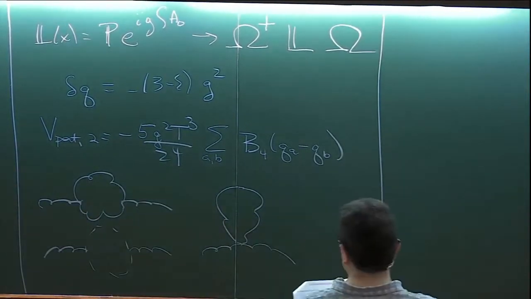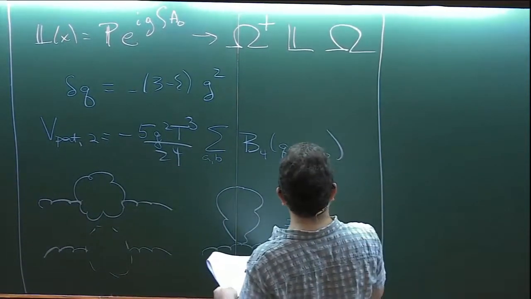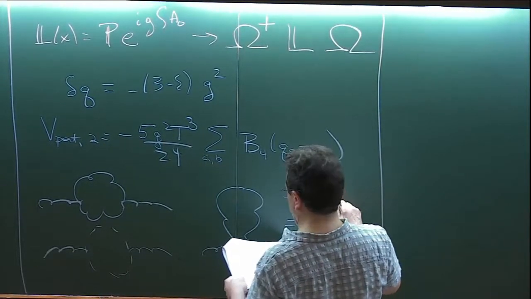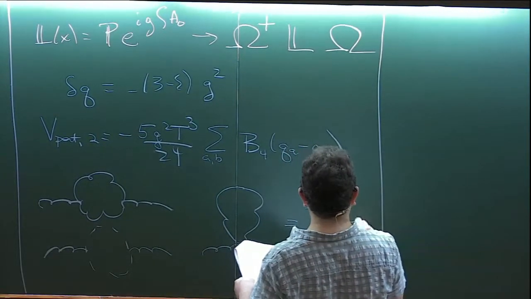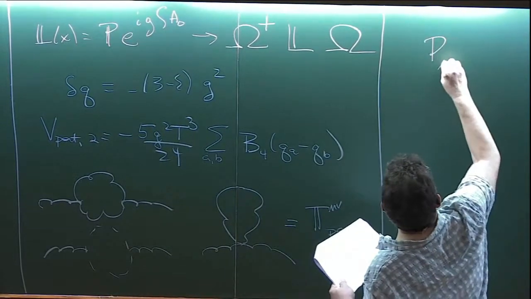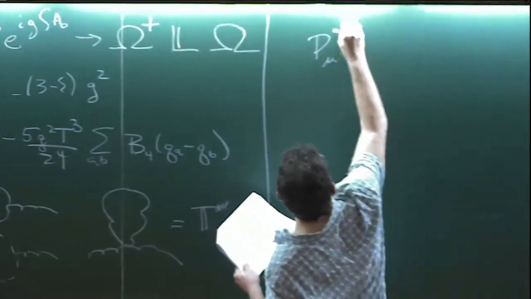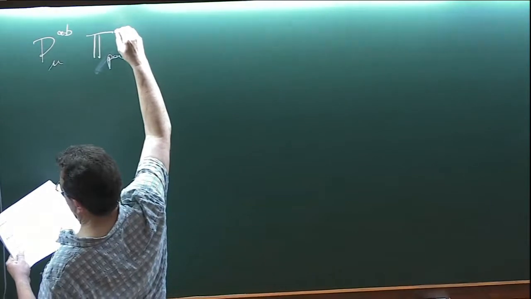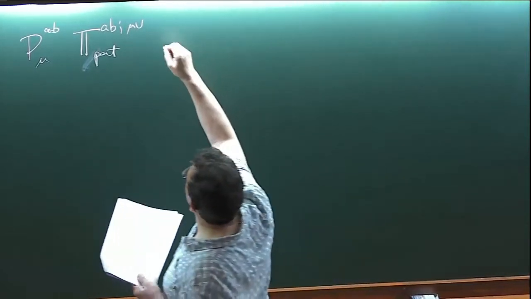And so this gives you a pi mu nu perturbative. And you can then compute P mu, this is a colored momenta, pi perturbative, with color indices, and I'm suppressing some of them, but you get something non-zero.